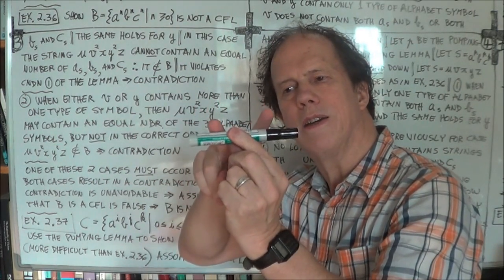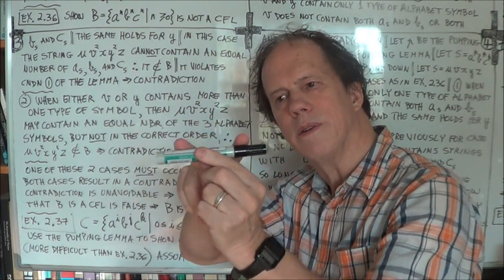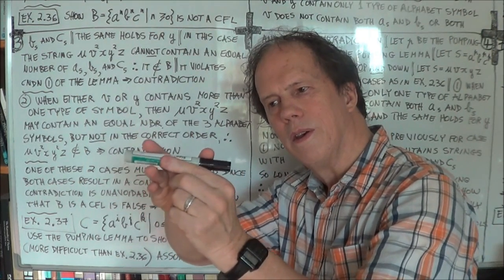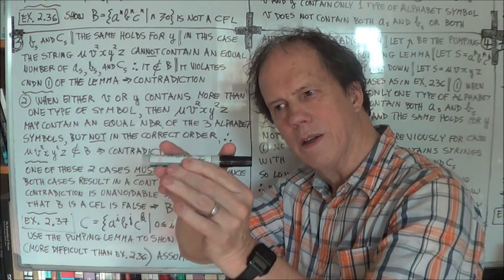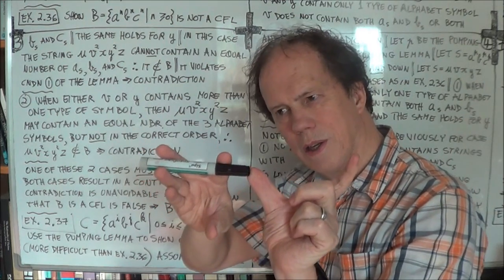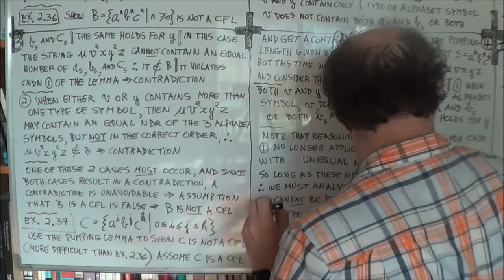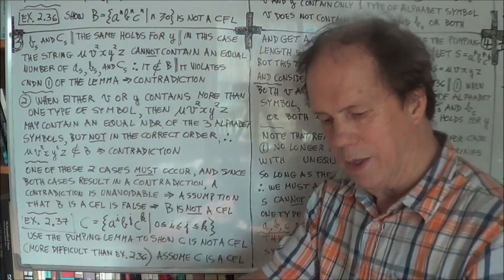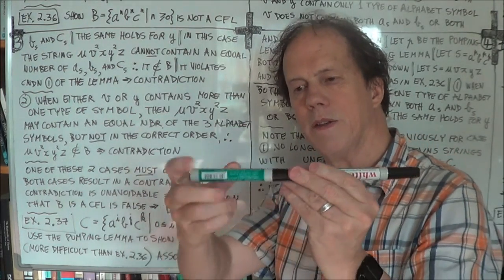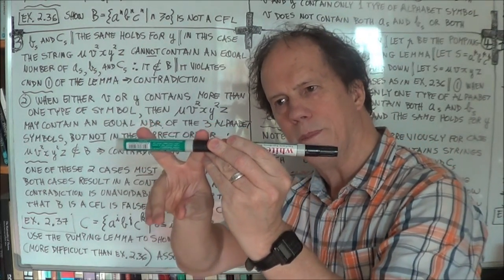So you might have an A here and a B here somewhere, right? So an A here and a B here. So got an A here and a B here, right?